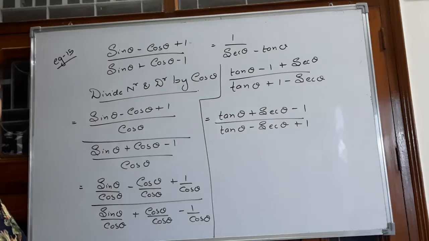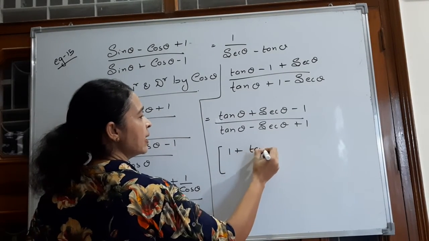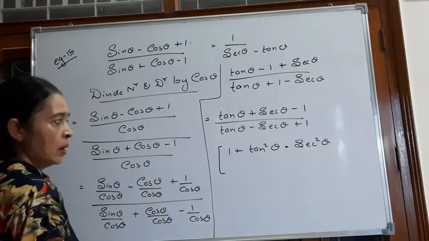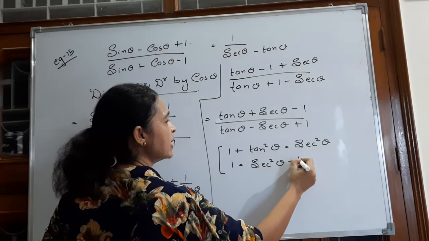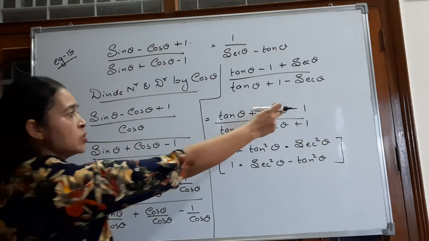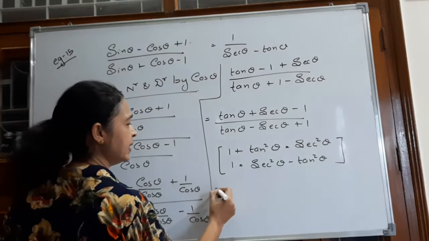Now beta, we have an identity: 1 plus tan square theta equals sec square theta. Keeping 1 on one side, we can write 1 equals sec square theta minus tan square theta. In place of 1, what will we write? Sec square theta minus tan square theta.